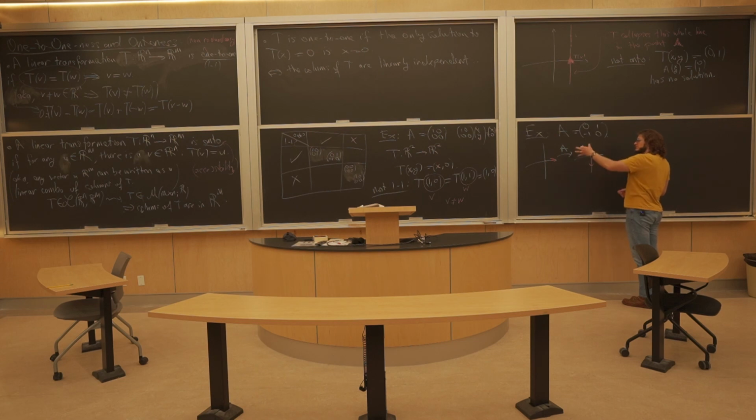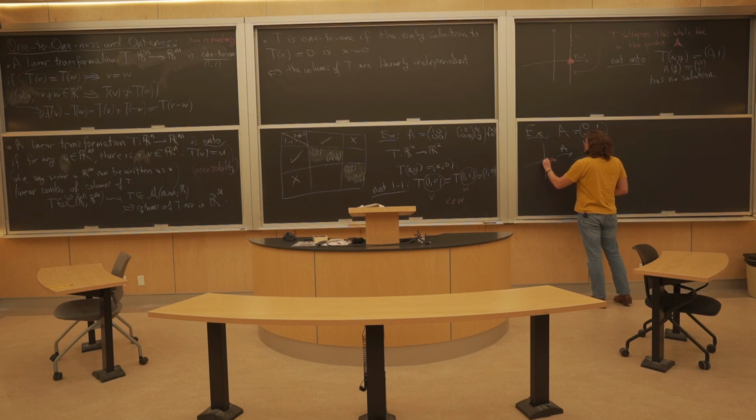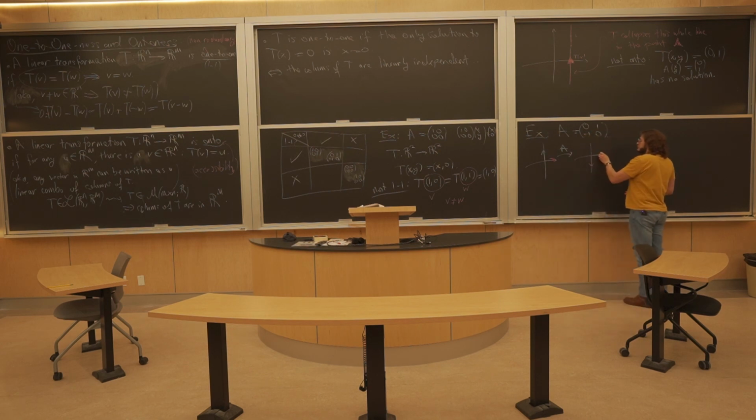Okay? So it's rotation this way. And 0, 1 goes to 1, 0. So this is rotation by 90 degrees in clockwise direction, or it's rotation by 270 degrees in the counterclockwise direction.